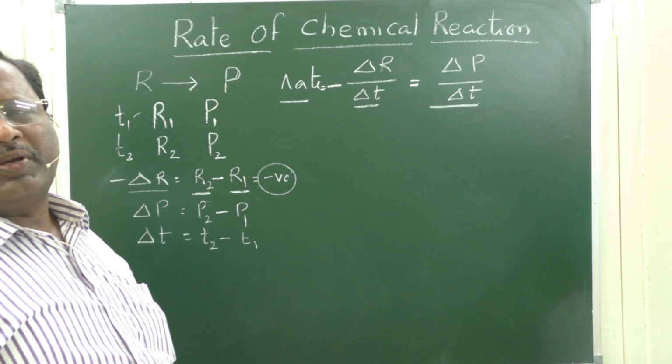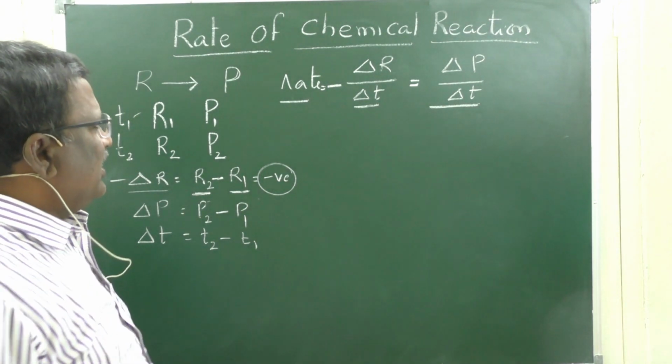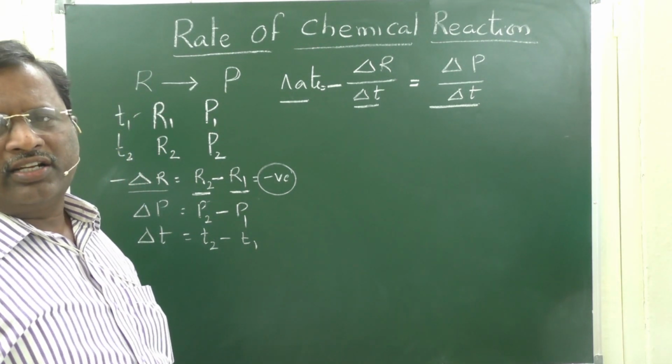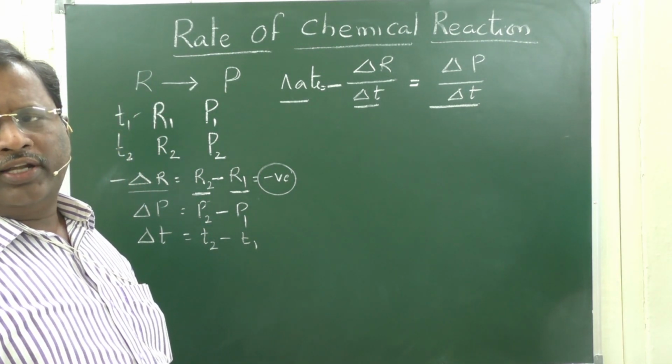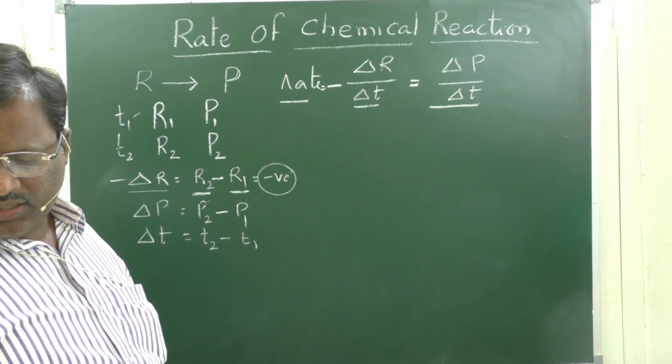This is the expression of the rate of a chemical reaction. That means the change in the concentration of a reactant or the change in the concentration of a product in unit time is known as the rate of the reaction.